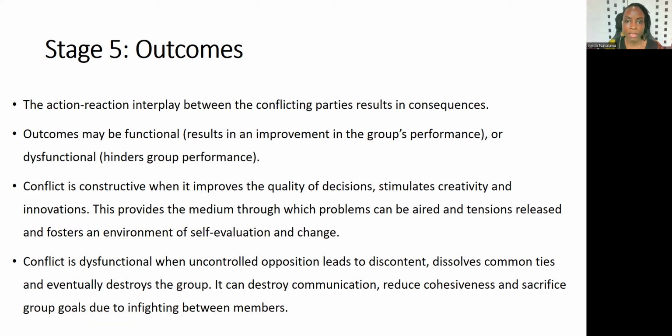The observable actions that we saw: one person says this, the other one reacts, so it becomes that cycle. It will have consequences. And these outcomes might be functional or they might be dysfunctional.